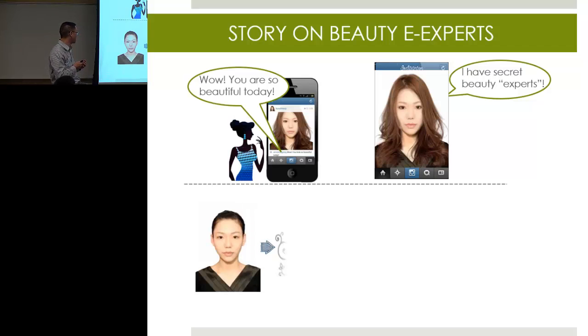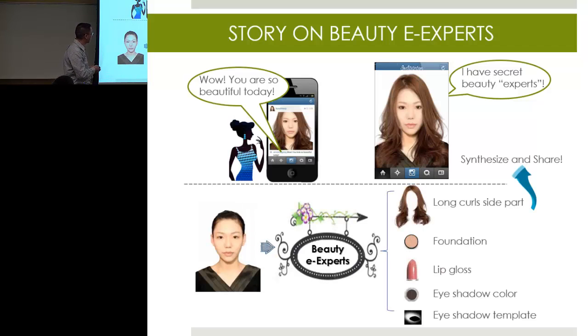The beauty expert system can recommend the hairstyle or hair templates, and recommend the foundation color on the face, lip gloss color, and the eyeshadow color and eyeshadow templates. Then the system can automatically synthesize the makeup effect and the hair on your head, and then you will see this kind of photo.